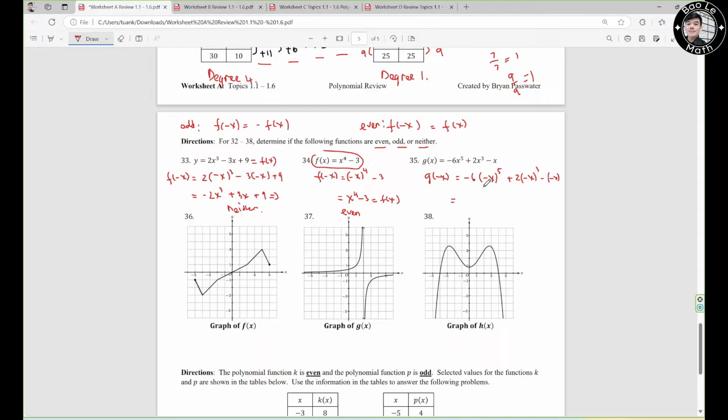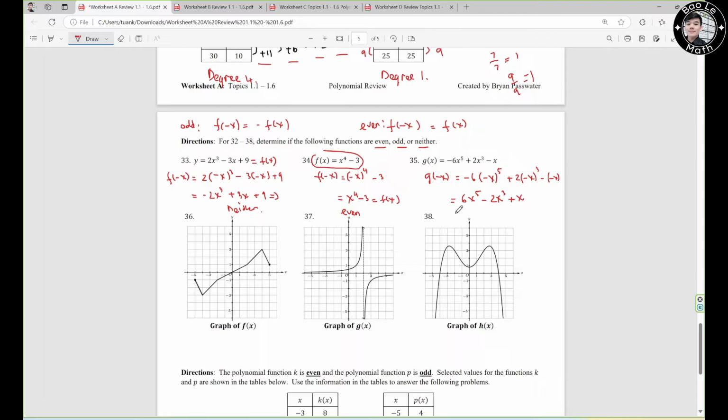So negative s raised to the 5th, it's going to be negative because this is an odd power. So negative s to the 5th multiplied by negative 6 becomes 6s to the 5th. Then negative 2s cubed, and this one plus s.